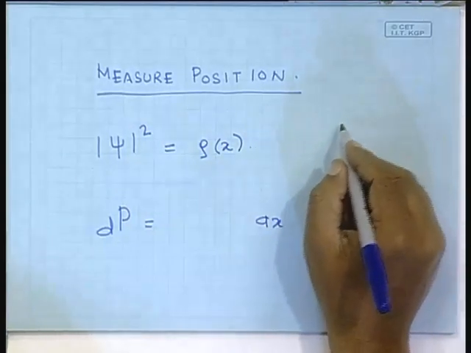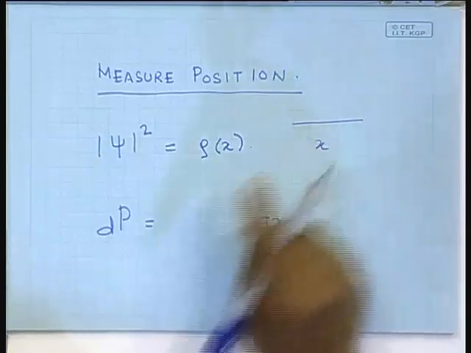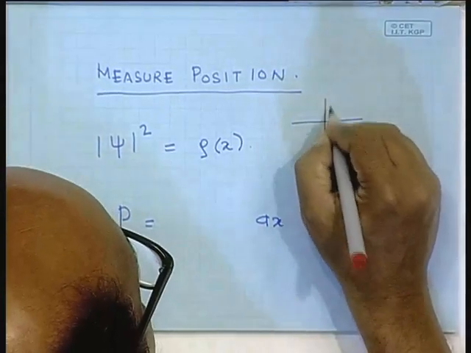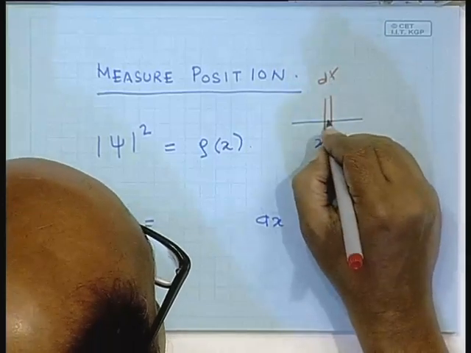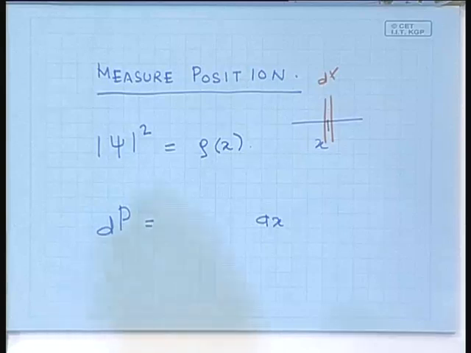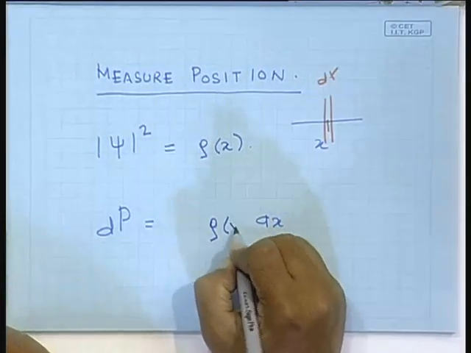So, if this is the region of space I am dealing with, this one dimensional, if I ask the question what is the probability of finding the particle in an interval dx around this point x, that probability can be calculated if I know the wave function, and it has the value rho of x.